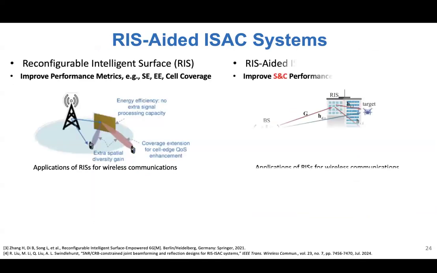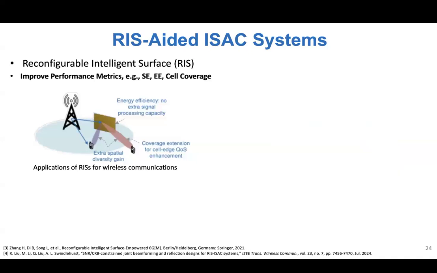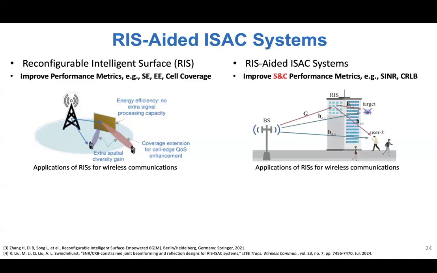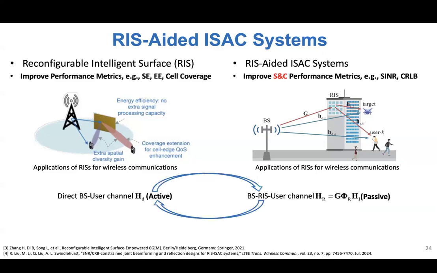And also by adding this kind of reconfigurable intelligent surface, we have the extra multipath, and so in this case we can improve the performance. This is an RIS-aided ISAC performance.